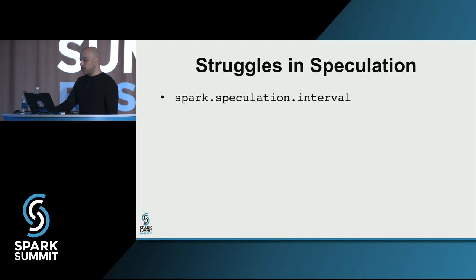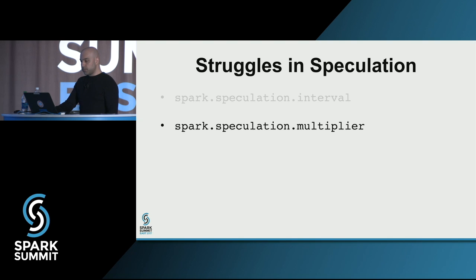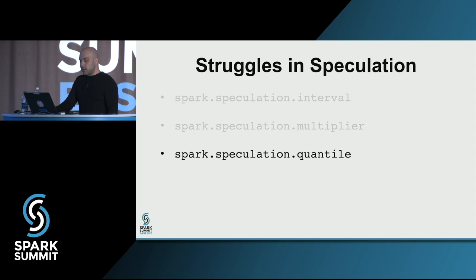The other parameter is Spark speculation multiplier, which defines how many times slower than the median a task must be so that it can be considered for speculation and relaunched somewhere else. And there is a third parameter, the Spark speculation quantile, which defines the percentage of tasks that should be completed before speculation should even be considered.